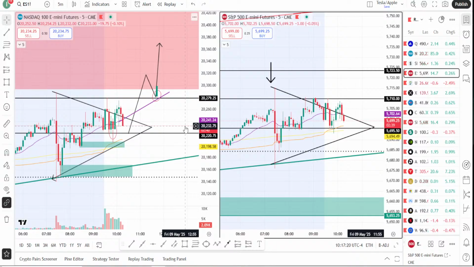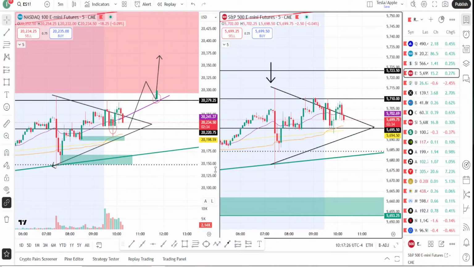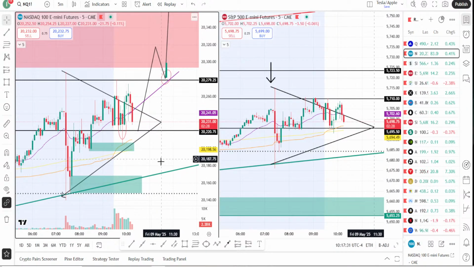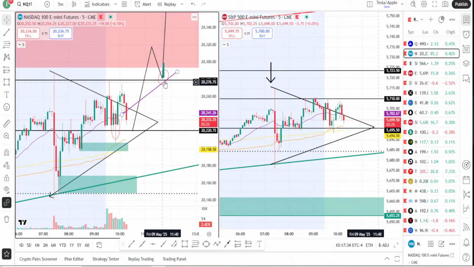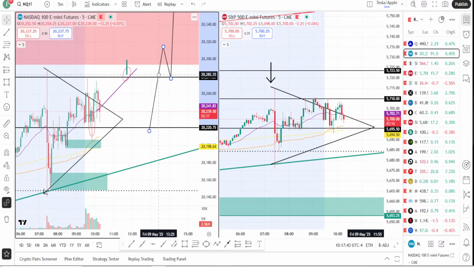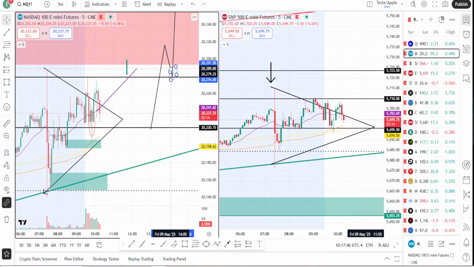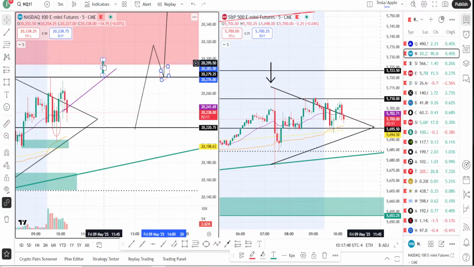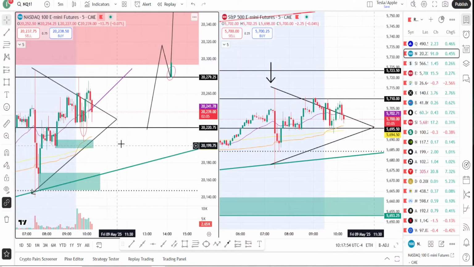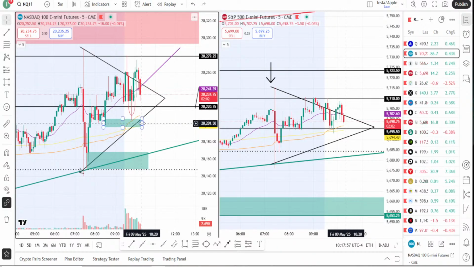Sellers are getting stronger now. It looks like we're going back to the low of this range. That's strong selling right there. Let me set this aside here. That's what we're looking for. I want to keep this here because I don't want to lose focus of our setup. Essentially what this could do is come down here again, tap into the demand zone.